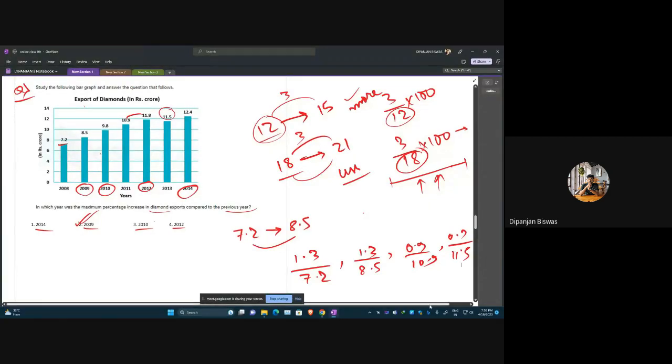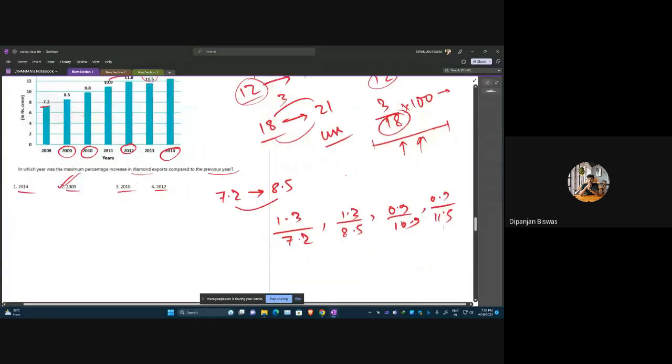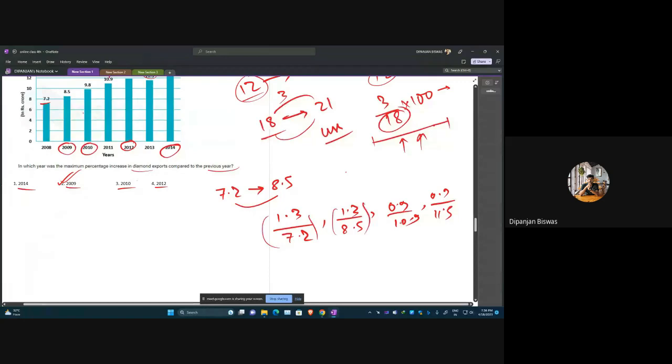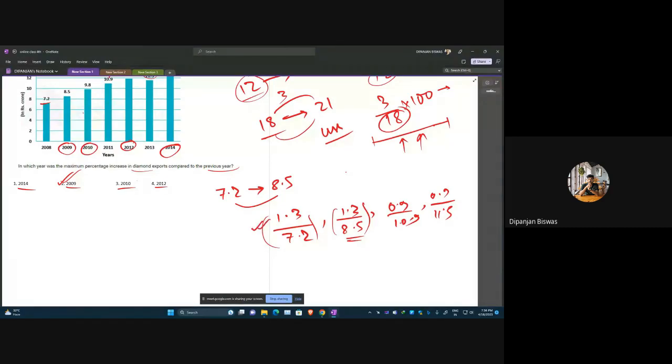Okay. So these are the four ratios. In the first two ratios, you can see the numerator is higher. Okay. So this one is bigger. In the last two ratios, the numerator is the same, but here the denominator is higher. So this should be smaller.